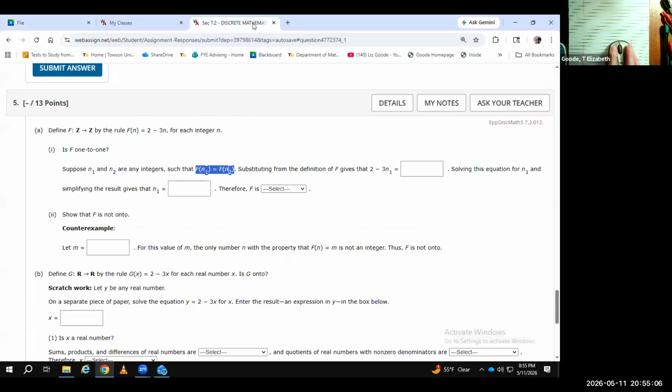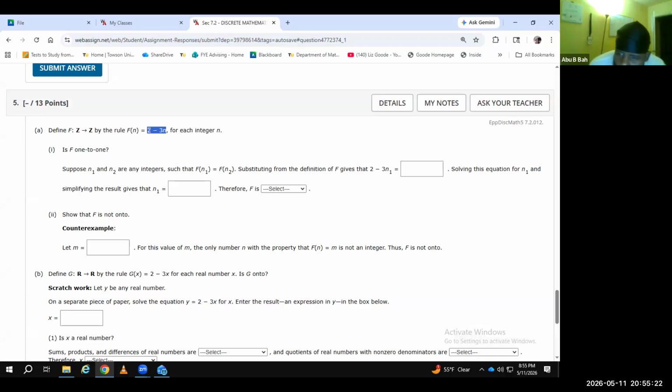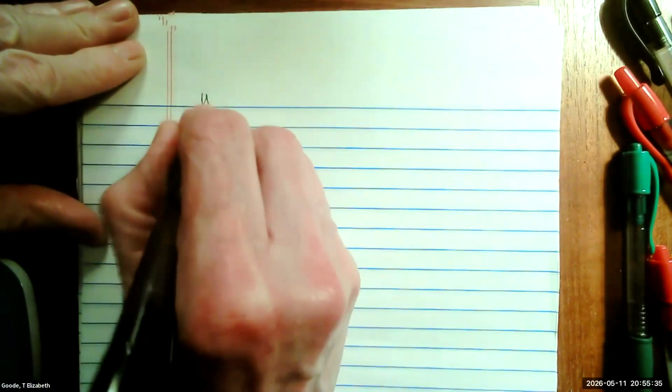So let's go and look at this. Do you have the same function I do, 2 minus 3n? It's number 5A.